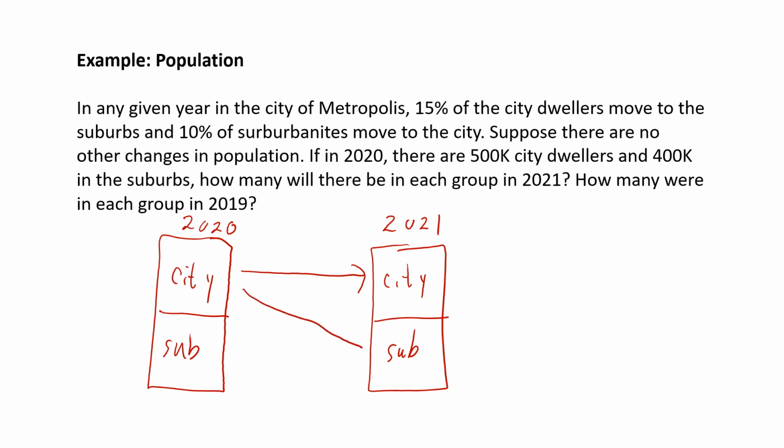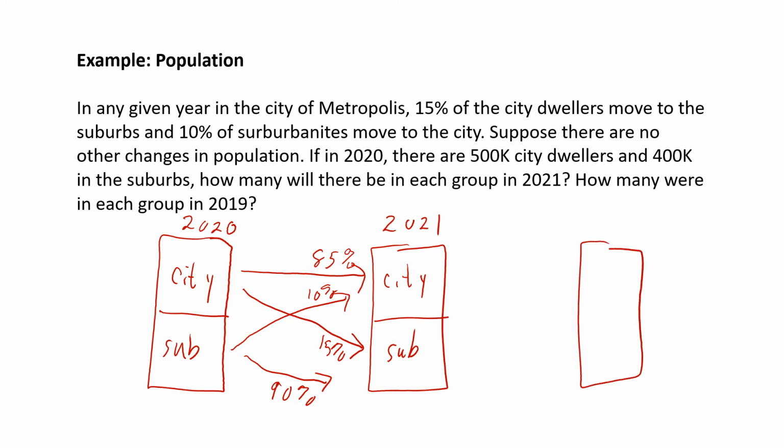Well, we're told that 15% move to the suburbs. So that means that 85% stay in the core. What about suburbs? We're told that 10% move into the core of the city. So that leaves 90% to stay in the suburbs.